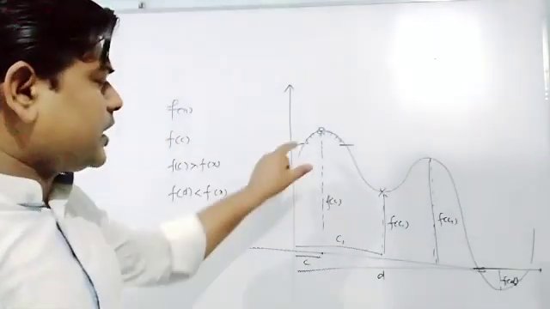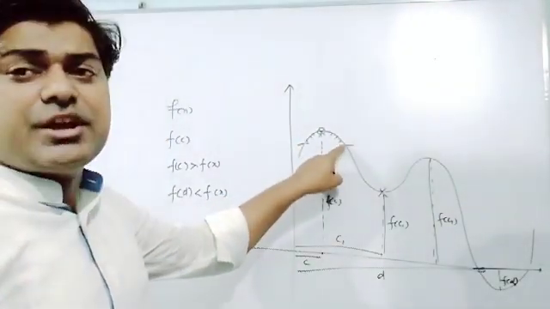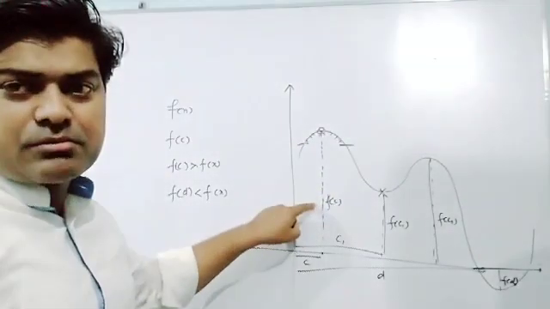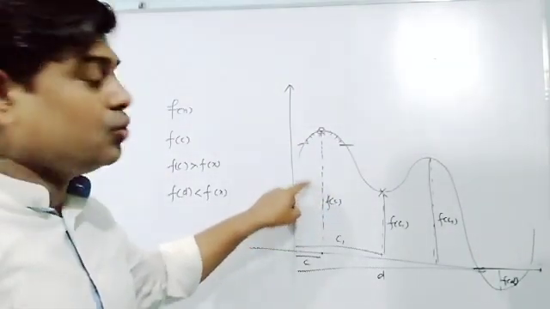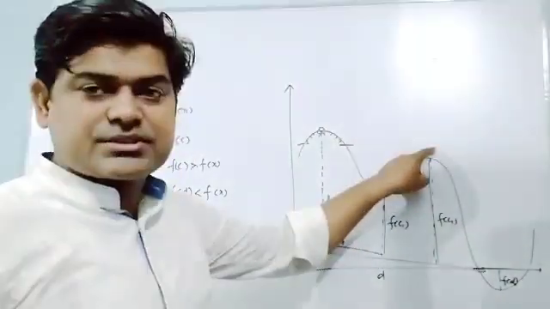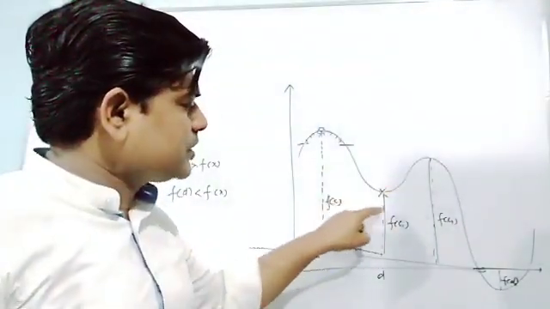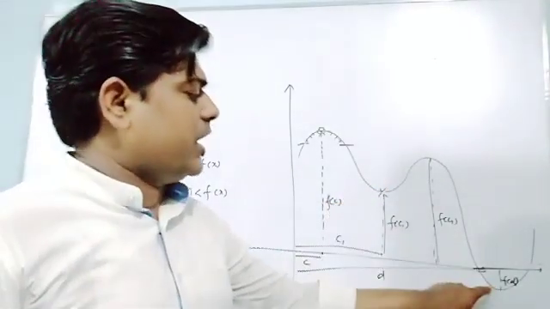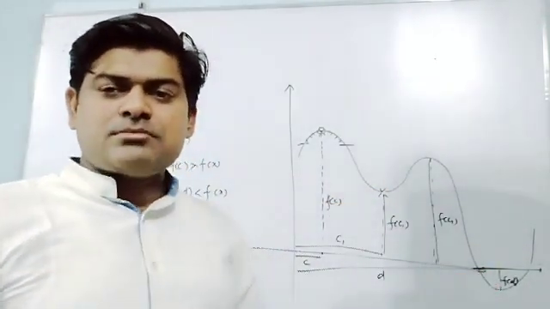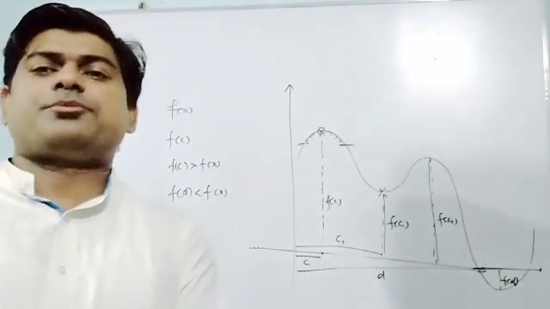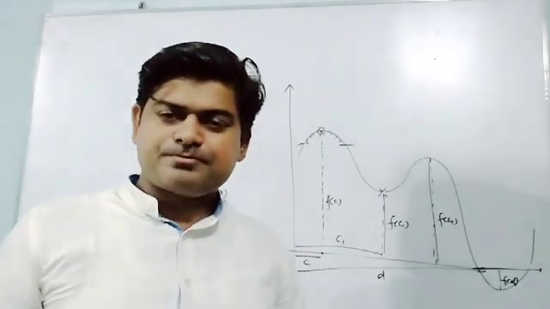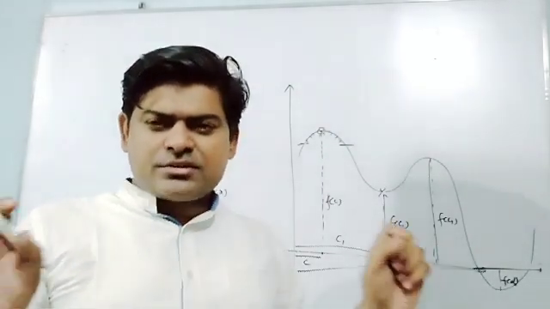So if I am talking about these neighbor values, and out of these neighbors f(c) is maximum, I can say that f(c) is a local maxima. Here f(c2) is a local maxima. Here f(c1) is a local minima. f(d) is a local minima. So local maxima and local minima can be the absolute maxima and absolute minima at some points. Okay.